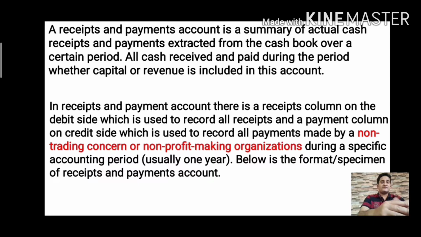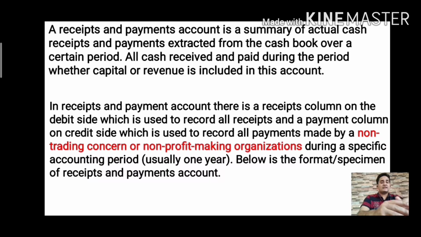In the receipts and payments account, there is a format. In that format, on the debit side, means the left hand side, you have to record all the receipts items, and on the credit side, means the right hand side, you have to record all the payments transactions.